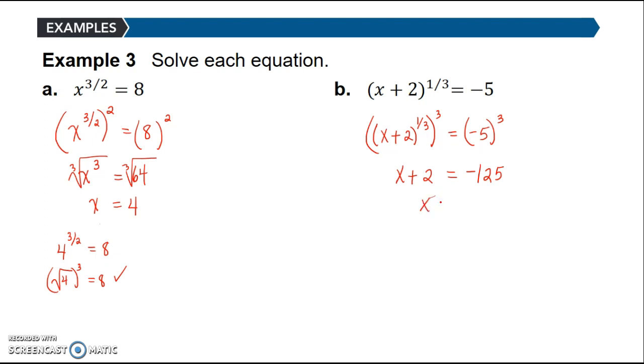We can subtract 2 from each side to get x as -127. And when we check, we get -127 plus 2 to the 1/3. Well, that is really the cube root of -125, which is indeed -5.